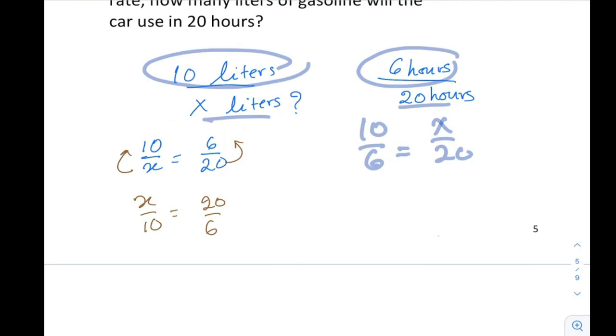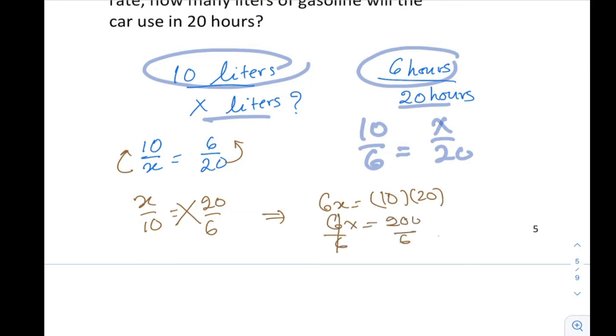And then we can use any of them to solve the proportion by doing cross multiplication. The product of means equals the product of extremes. So we will do it this way. 6 times x is 10 times 20. 6 times x is 200.